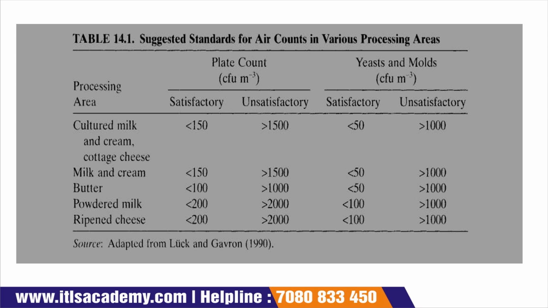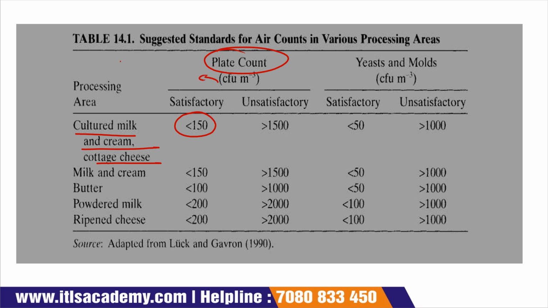Now this is the table for the standard of the air count in various processing industries. If we have a processing area for cultured milk, cream and cottage cheese, and we talk about the plate count, the satisfactory value is not more than 150 CFU.